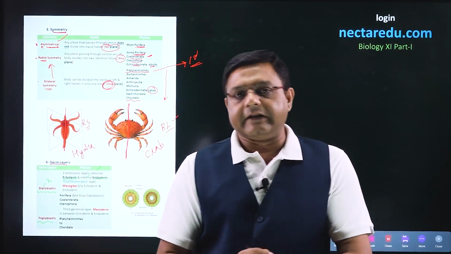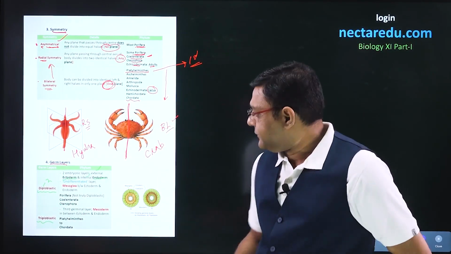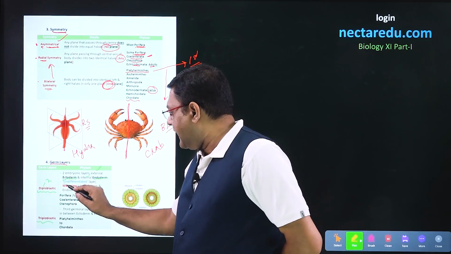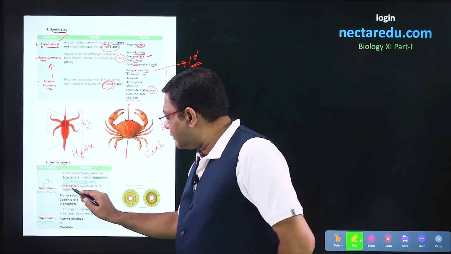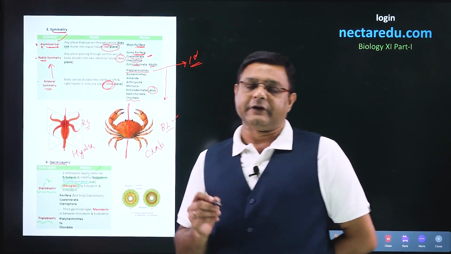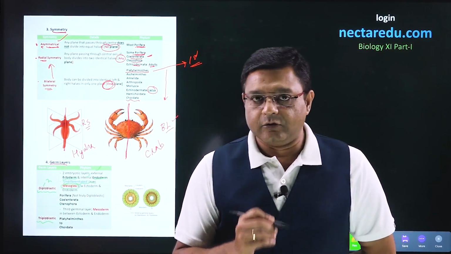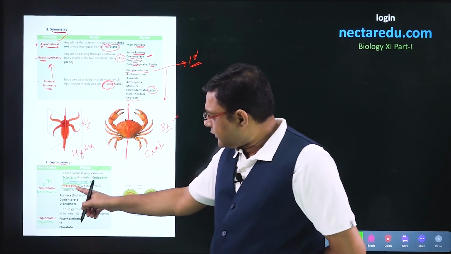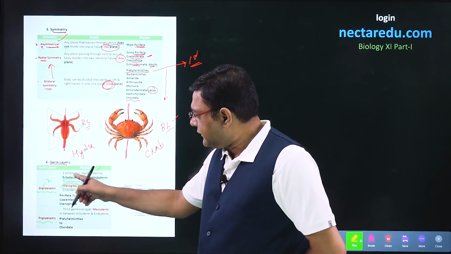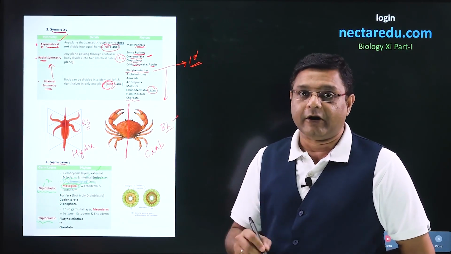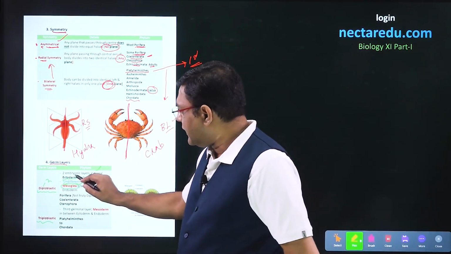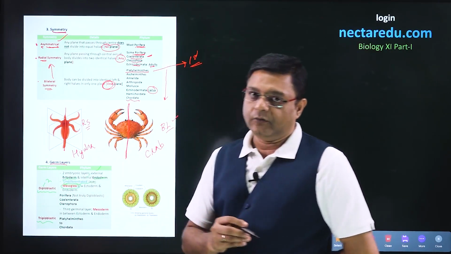Along with ectoderm and endoderm, there is an undifferentiated layer called mesoglea. This layer is present between ectoderm and endoderm. We do not include this mesoglea in the embryonic layers because it is undifferentiated or non-embryonic. So, there will be just two embryonic layers, ecto and endo.